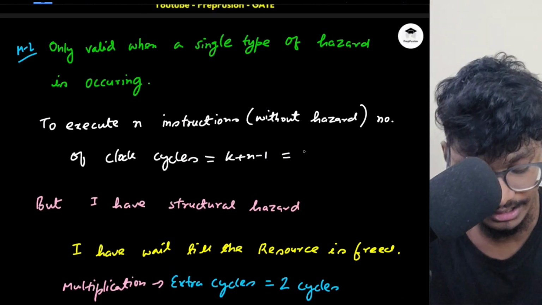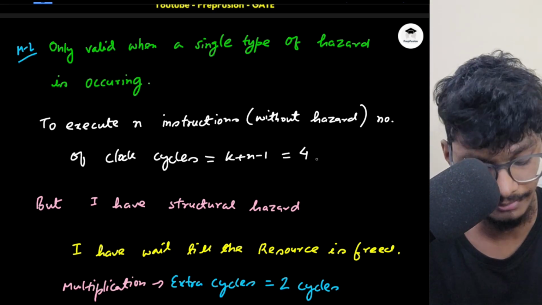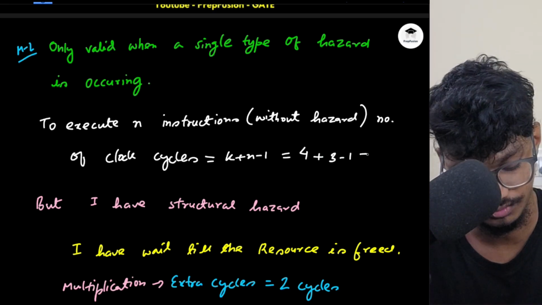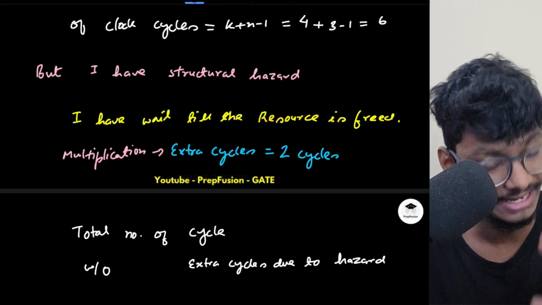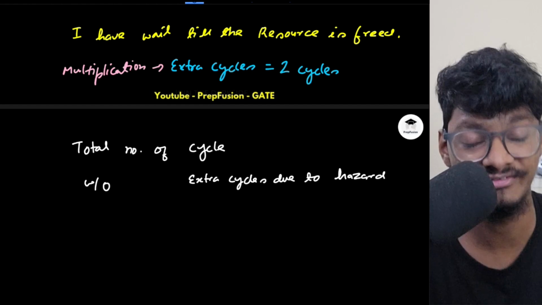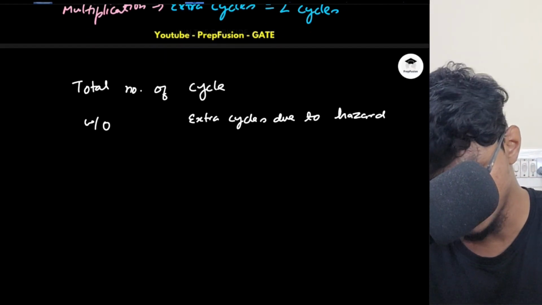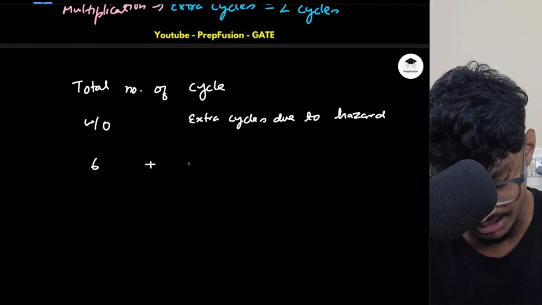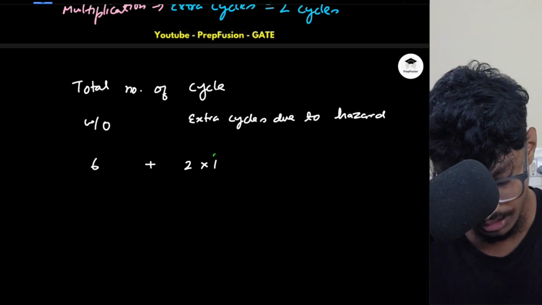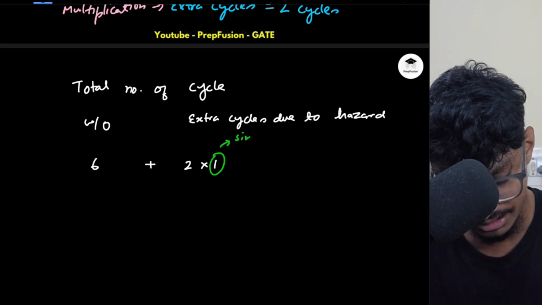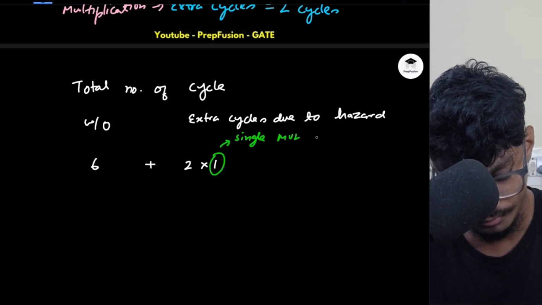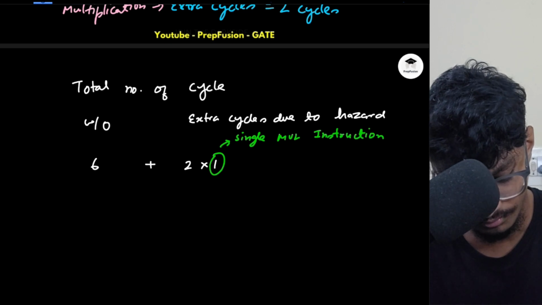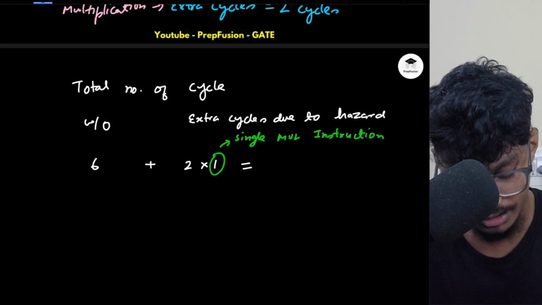K is 4, as it is a 4-stage pipeline, and I have 3 instructions, minus 1, so it will be 6 cycles. And I have to provide 2 extra cycles for multiplication. As I have only 1 multiplication instruction, if I had 2 multiplication instructions, I would multiply by 2. So it will be 6 plus 2 into 1, where this 1 is due to having only a single multiplication instruction. So this will be simply 8 cycles.